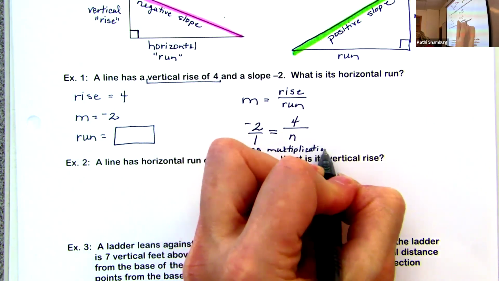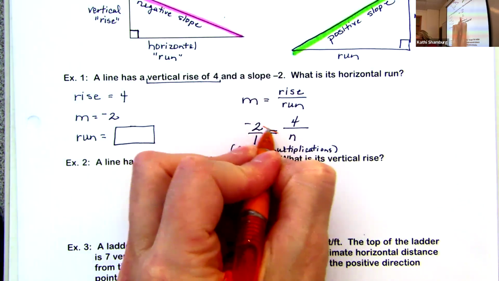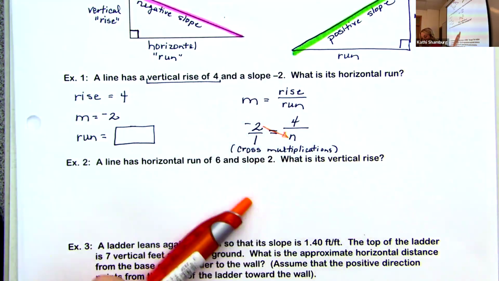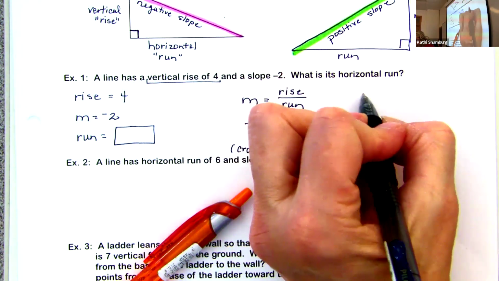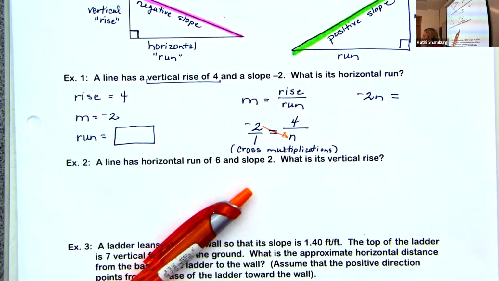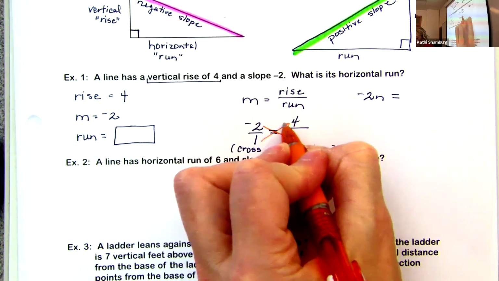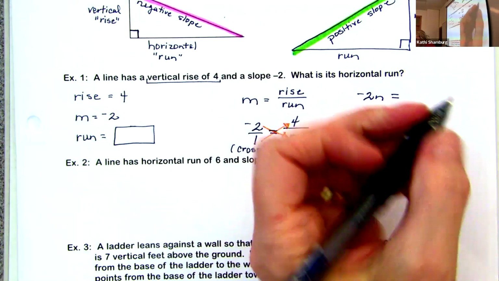So what we're going to do is we're going to take -2 times n, which is -2n, equals, don't drop that equal sign. So many students get lazy and drop the equal. 1 times 4 is 4.